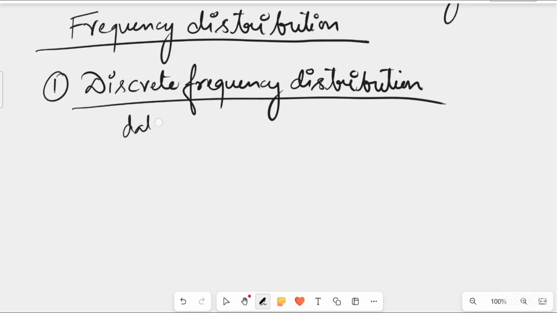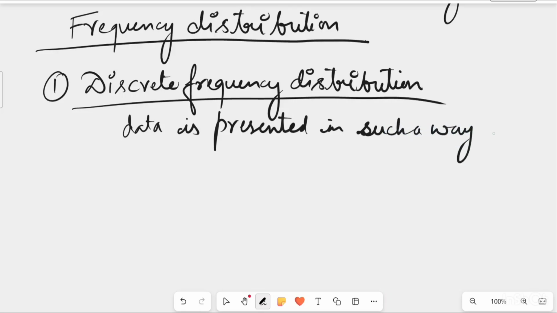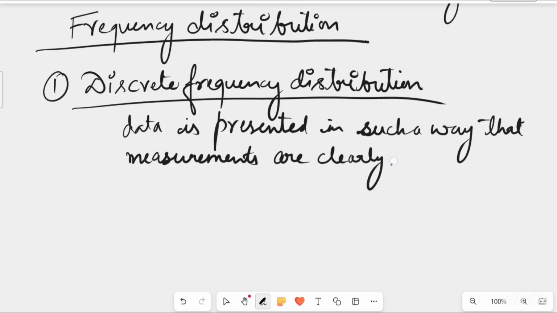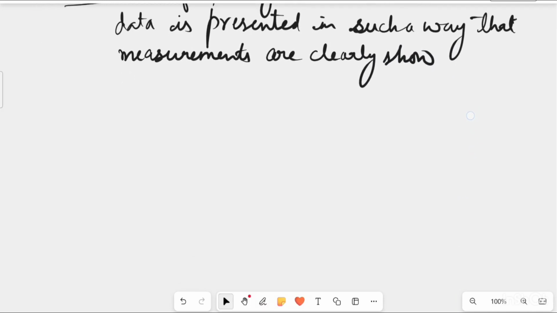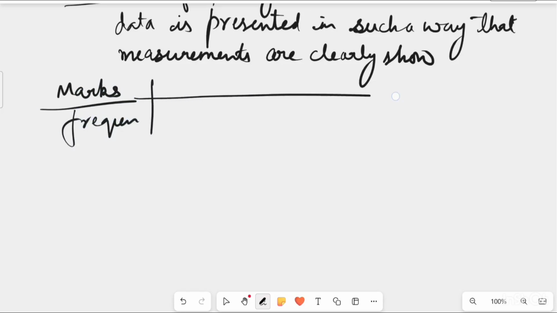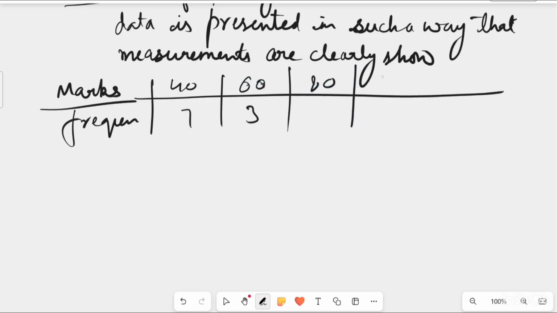Like marks 40, 60, 80, 100 and total, this is frequency.